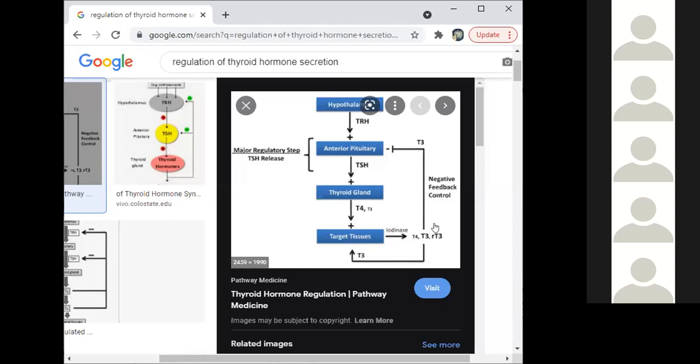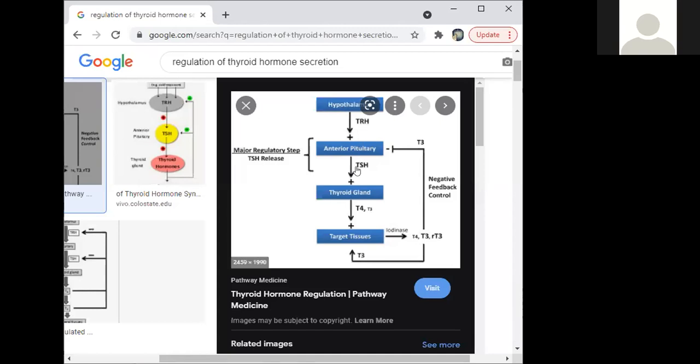One is the thyroid releasing hormone, the TRH, which I'm pointing to. Then there's the thyroid stimulating hormone, the TSH. Then there's T4, the thyroxine, and T3, the triiodothyronine. Sometimes there's also what we call reverse T3, which we'll be looking at.